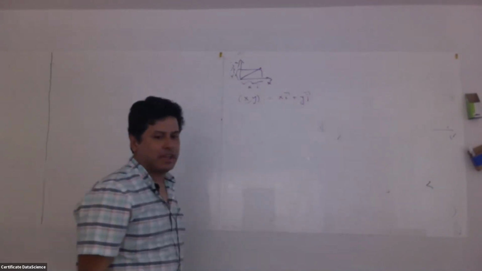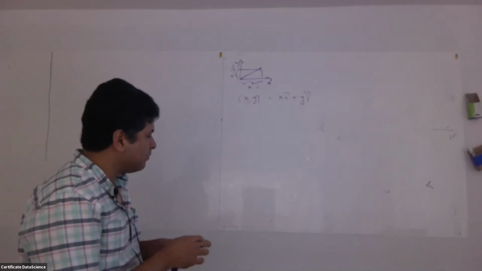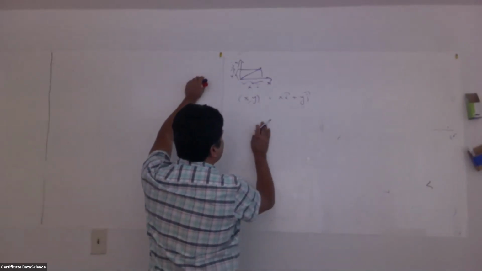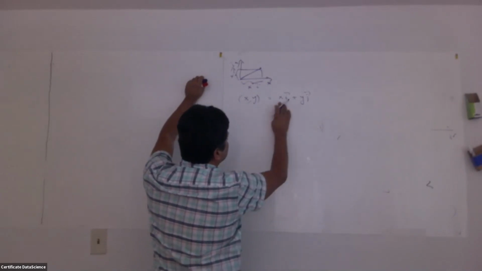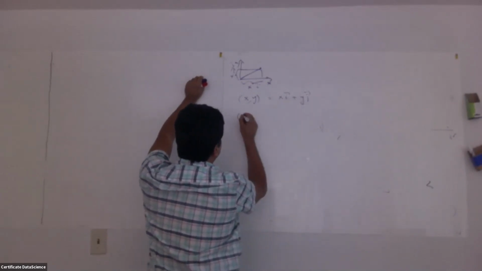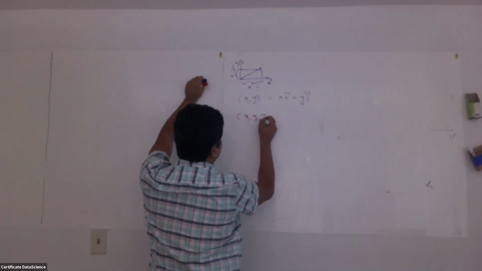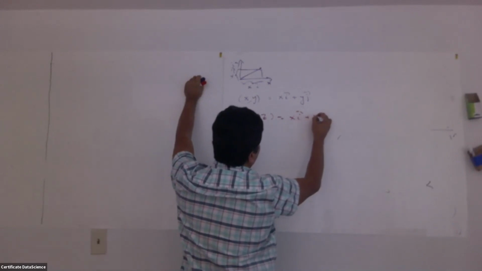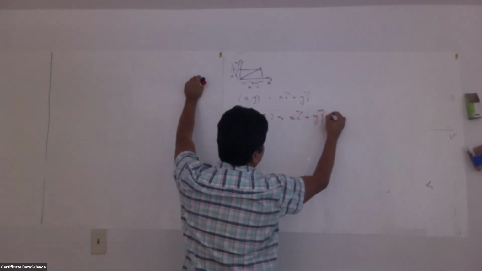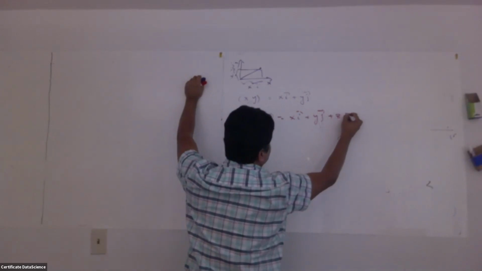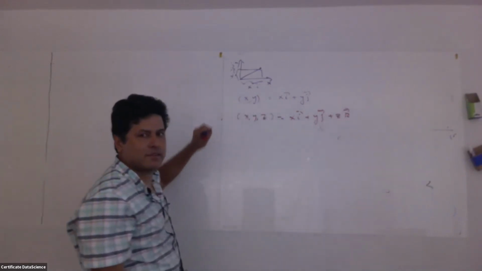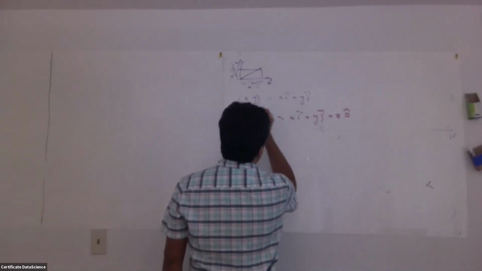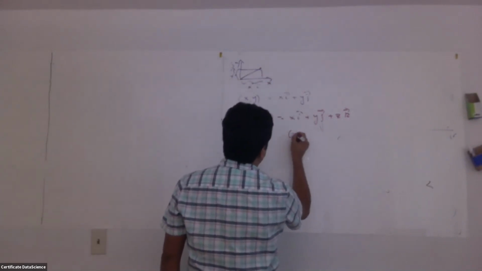This is what we used to do in 10 plus 2. Now instead of x and y, you might have a third, x, y, z, and in 3 dimensions you have k as well. Instead of writing all these vectors in different directions, people write in a compact form.